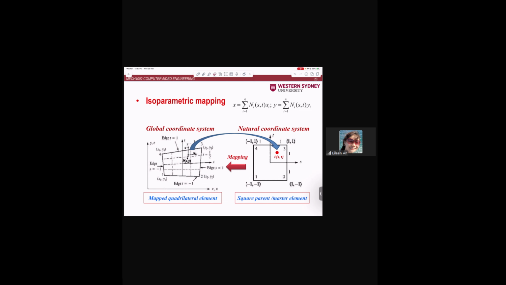In global coordinate system, we use the variables x and y, right? And the displacement is also in x direction and y direction. And the shape of this element, let me highlight the shape.